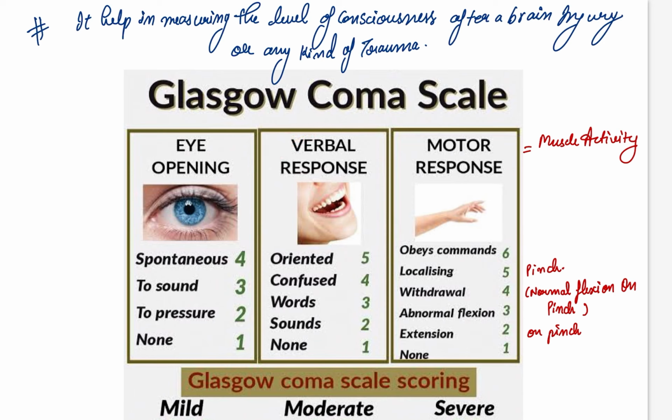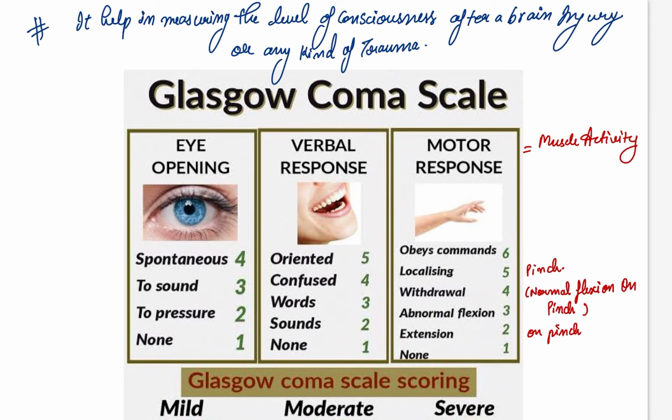In verbal response, if the patient is oriented, like he knows all things, you can ask him what is your name, where are you, what is the time, and you can also ask the color of the patient's t-shirt or pant. If he gives all correct answers, then we can say the patient is oriented.